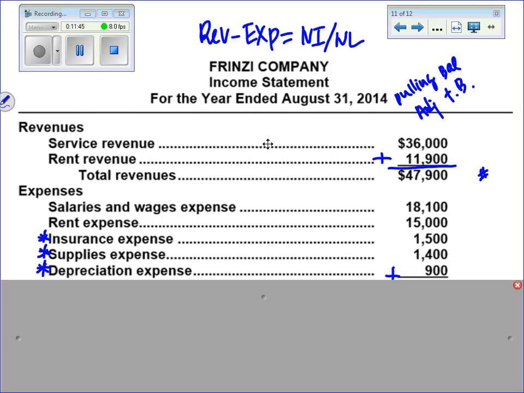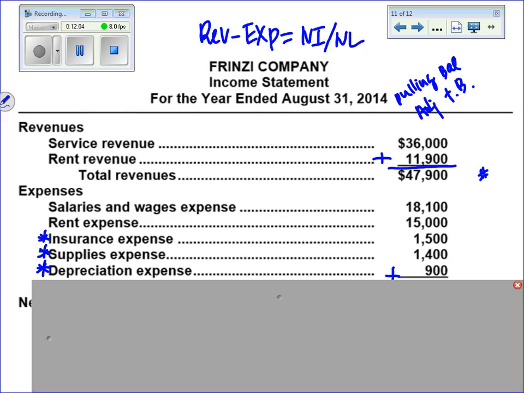I'm going to star the 3 that started with 0 balances because those are the accounts that are used when we do adjusting entries. The other 2 are used for adjusting entries. They just happen to show up throughout with a balance prior.